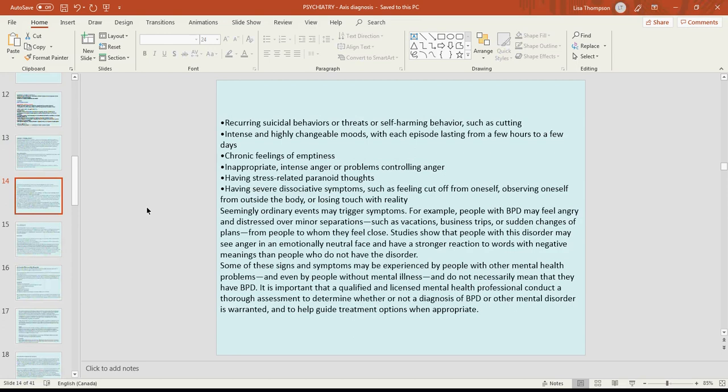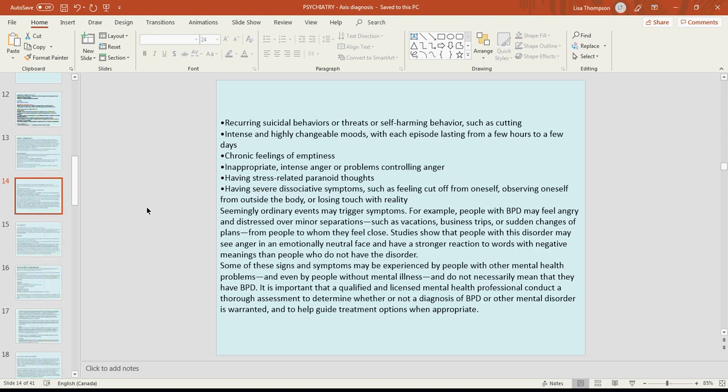Seemingly ordinary events may trigger symptoms. For example, people with BPD may feel angry and distressed over minor separations, such as vacations, business trips, or sudden changes of plans, from people to whom they feel close.